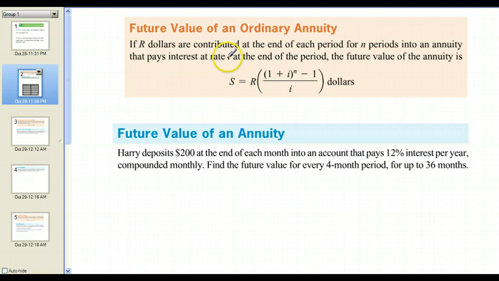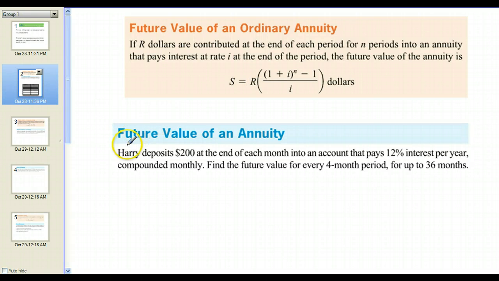You usually have to do a little work to find i, unless you only contribute money each year, and in that case i is the percent they give you, but usually you have to do a little math to calculate i for this formula. You have to do a little math to calculate n as well. R is the regular payment, i is the interest rate divided up by how many interest periods there are in a year, or compounding periods, and n is the total number of payments, or the total number of deposits from beginning to end.